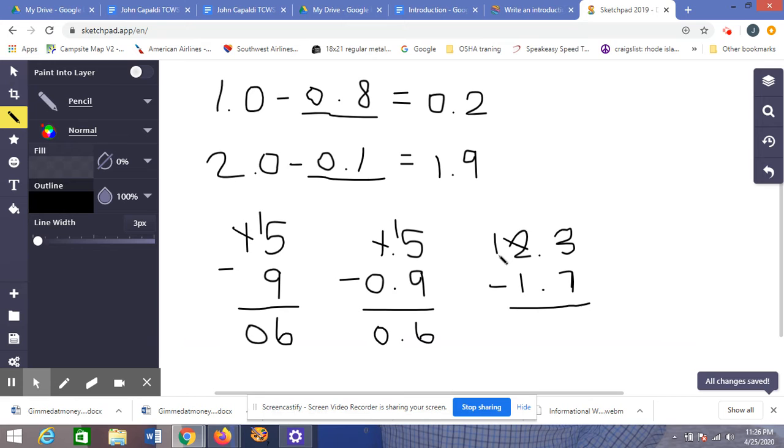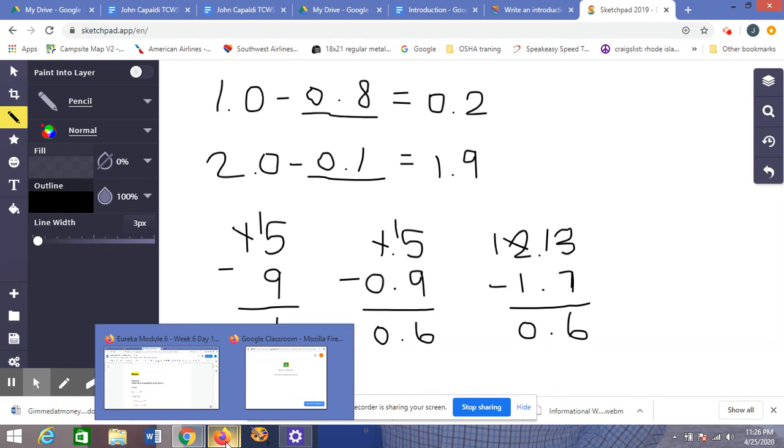So that 2 becomes a 1. And then we took the other one and we made it 10 tenths. So now we have 13 tenths. So 13 tenths minus 7 tenths, can we do that? Yes. And that is 6 tenths. And then we said go subtract our ones. 1 minus 1 is 0. So the answer is 6 tenths.